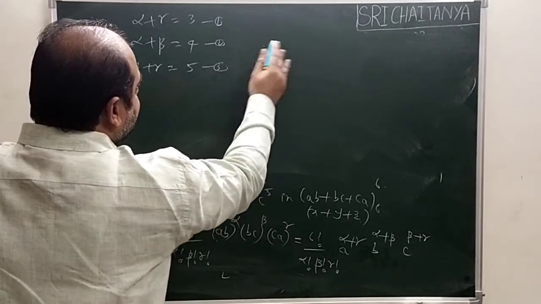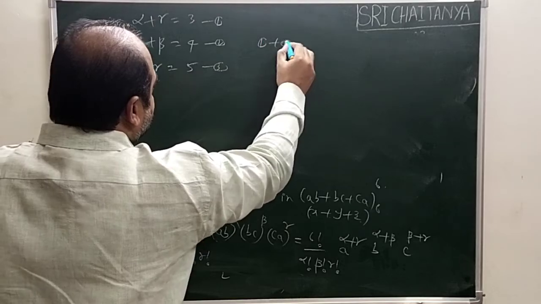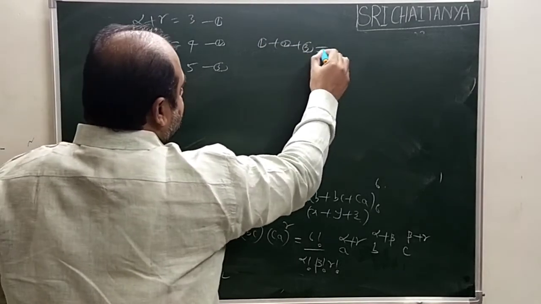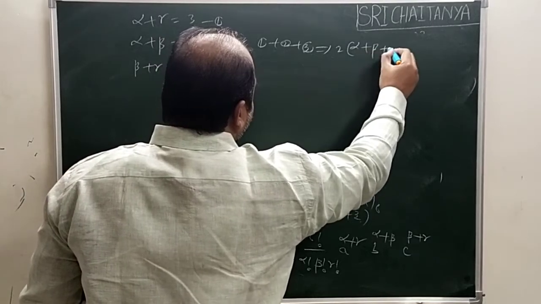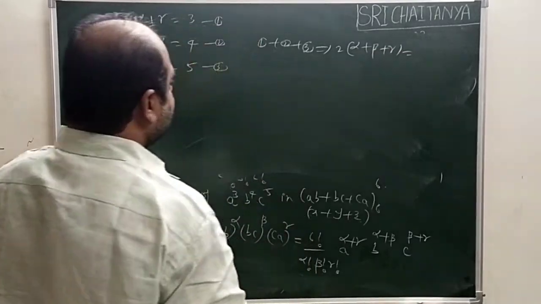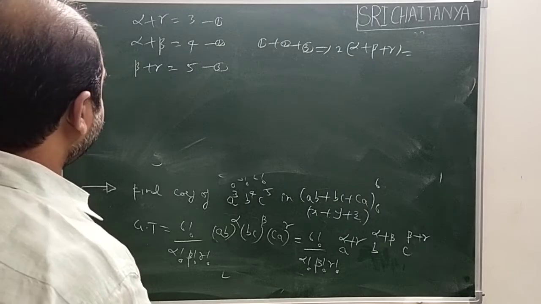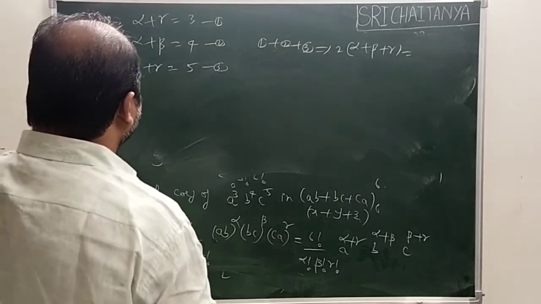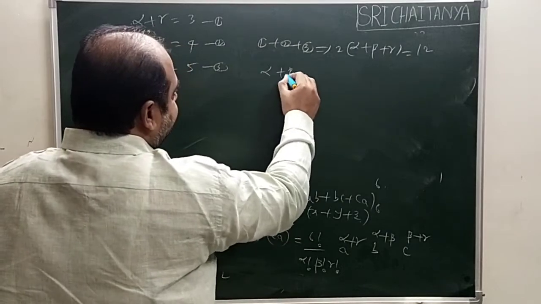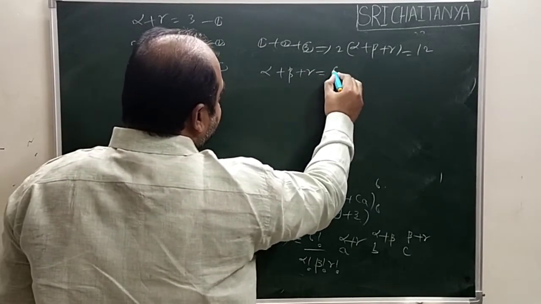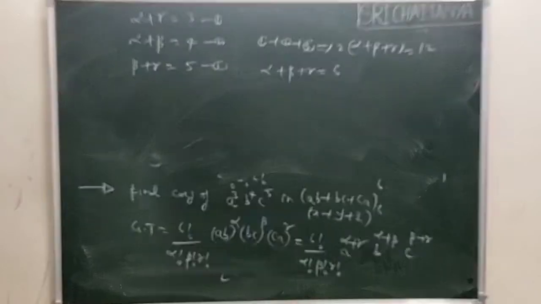So adding, we get 2 into (alpha plus beta plus gamma) equal to 3 plus 4 plus 5, which is 12. That means alpha plus beta plus gamma is nothing but 6.